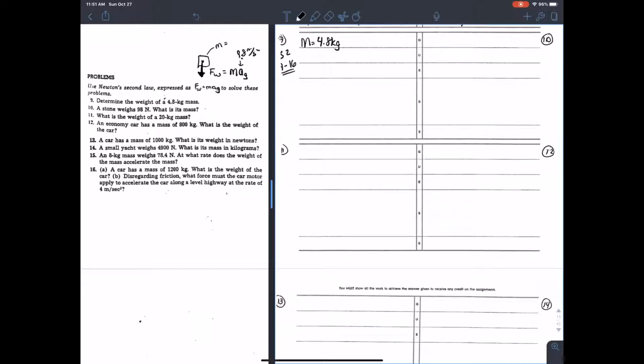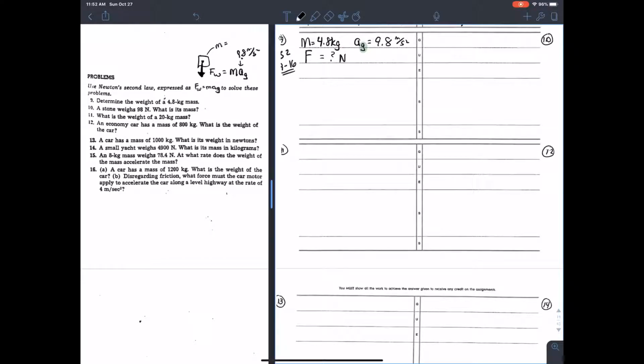What you're trying to figure out is, if we are on the Earth, there is an acceleration of 9.8 meters per second squared caused by gravity. Notice I put a little g down here. It is an acceleration, but since we're talking about gravity, I'm going to put a_g. We're trying to figure out the weight of this object, so I'm going to put a question mark in newtons.